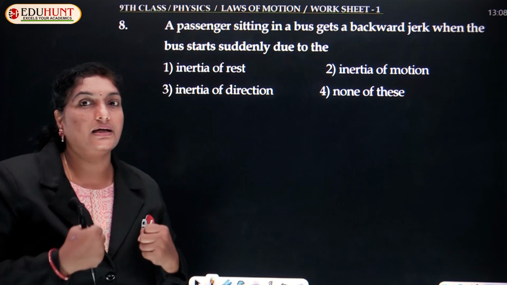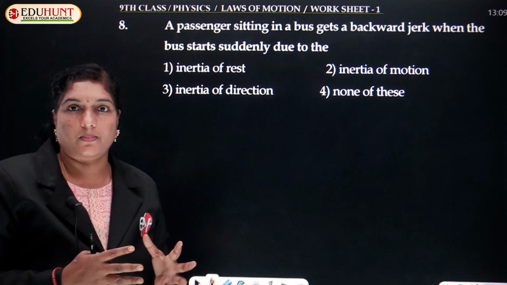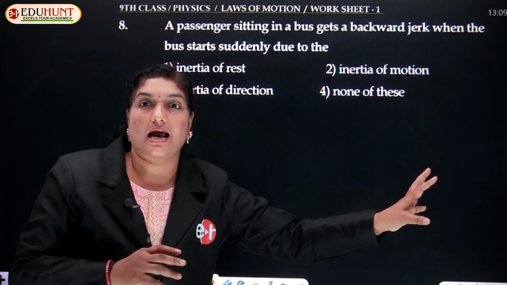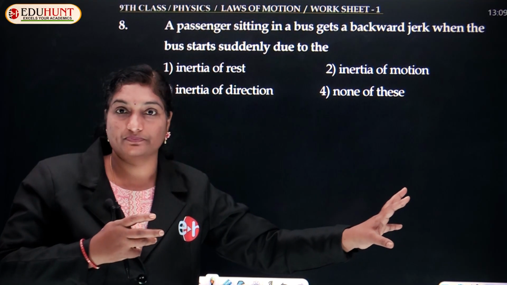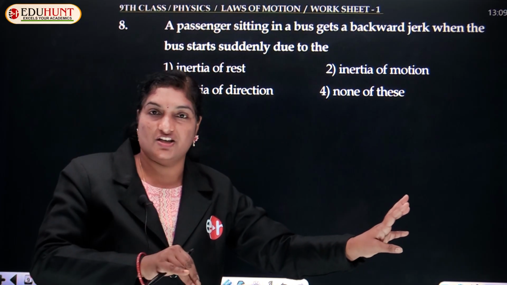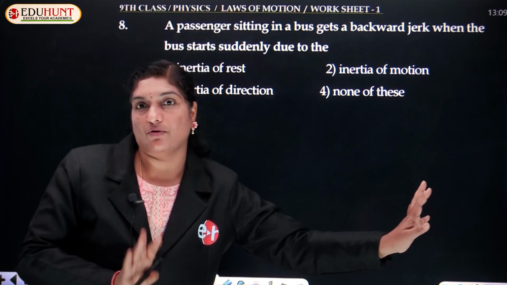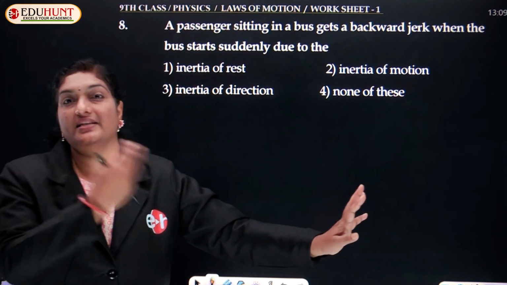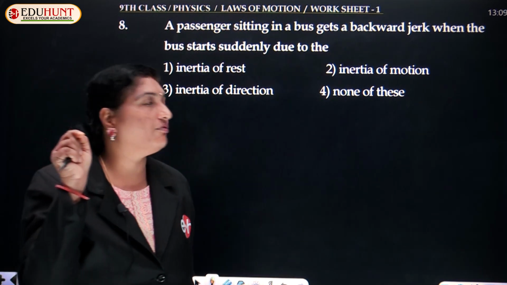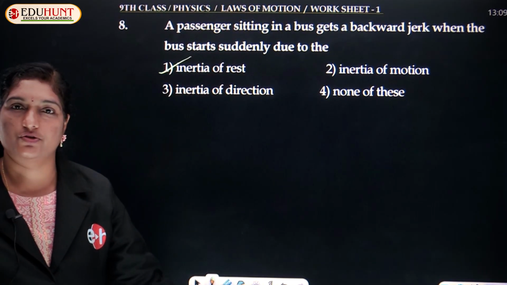So the passenger has the inertia of rest, the tendency to be in the rest position. Now the bus started, and he hasn't made up his mind. Even though the bus moves forward, he is not yet prepared to move forward. The reason he falls backward is inertia of rest. So option 1 must be true.